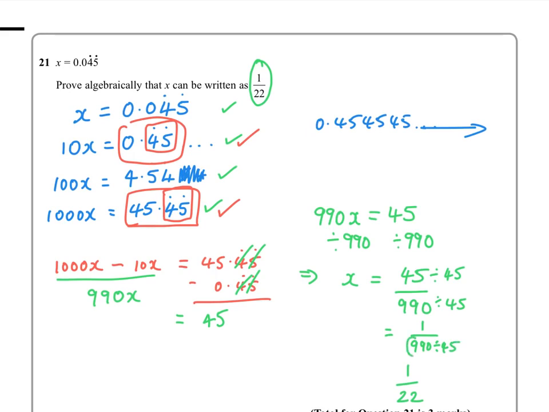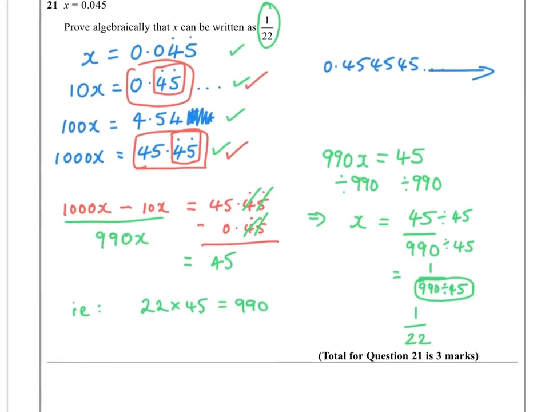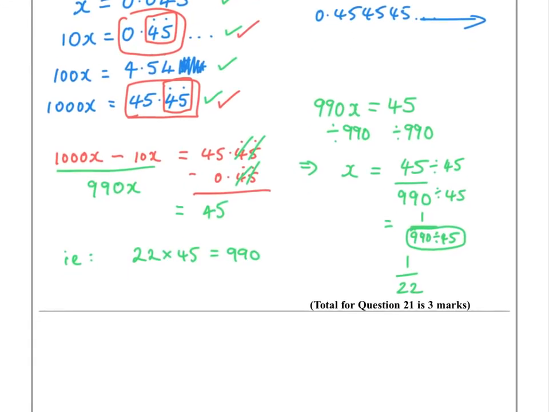And if you could show that that was 22, i.e. 22 times 45 is 990, and you'd only have to do a simple multiplication question to do that.